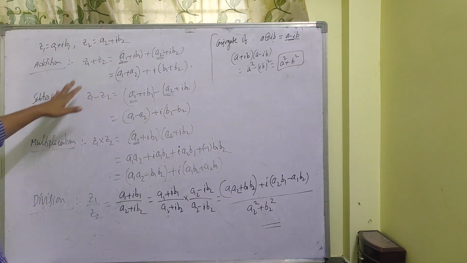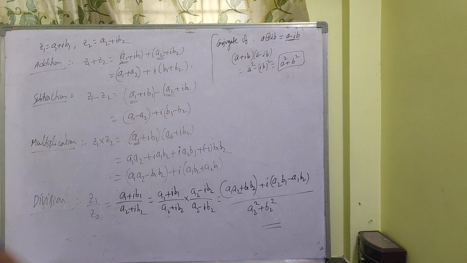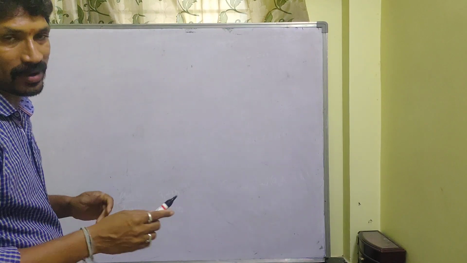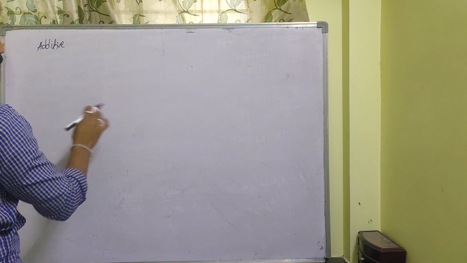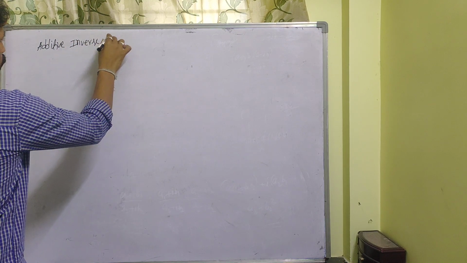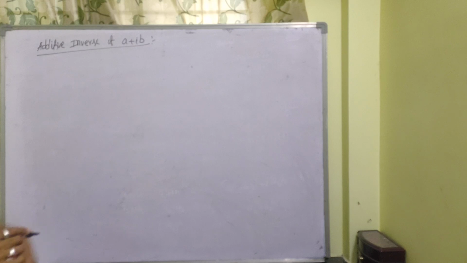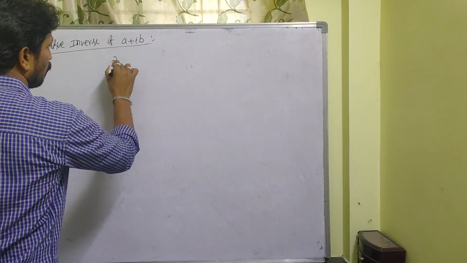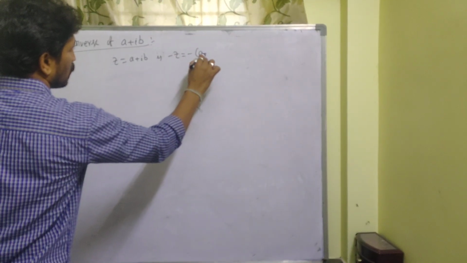So this is the way to add, subtract, multiply and divide two complex numbers. Next one is the additive inverse of a complex number. The additive inverse of any complex number z equal to a plus ib is minus z, that is minus of (a + ib).